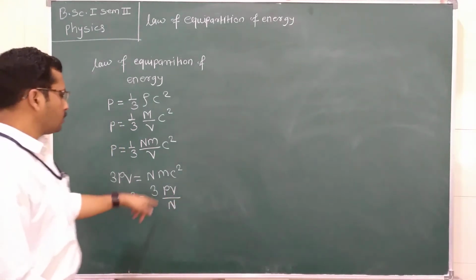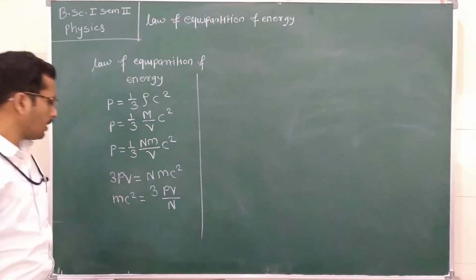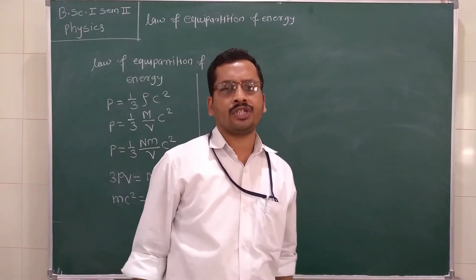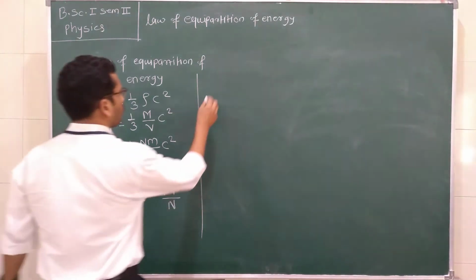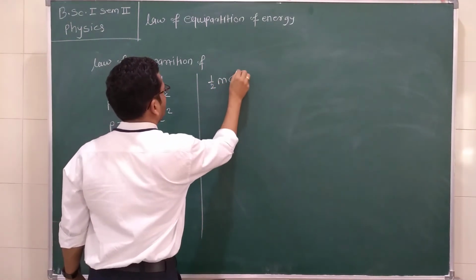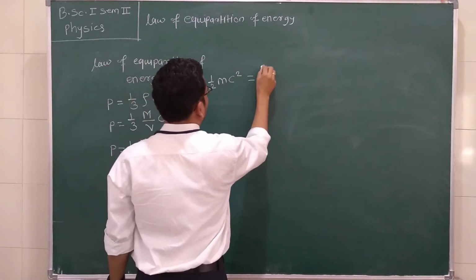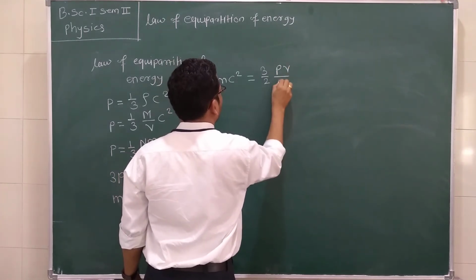So this whole equation can be rearranged like this. Now if we divide both sides of the equation by 2, then it is 1 by 2 m C square, which is equal to 3 by 2 PV upon n.